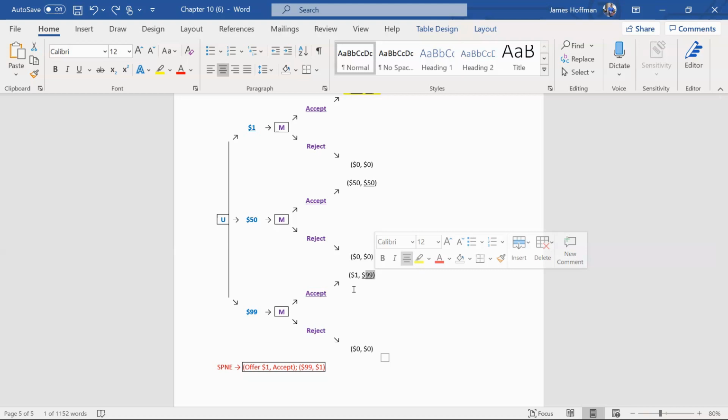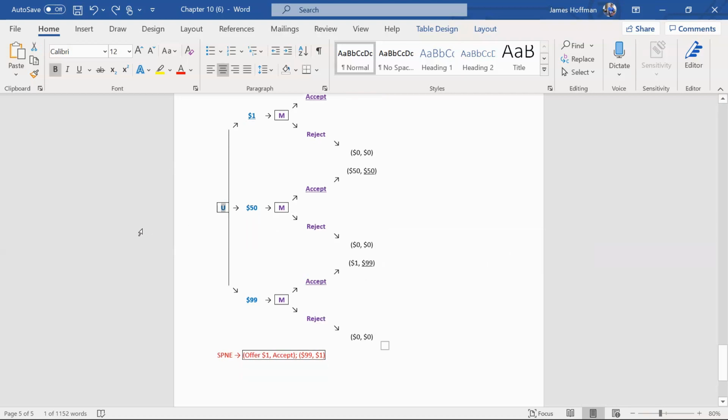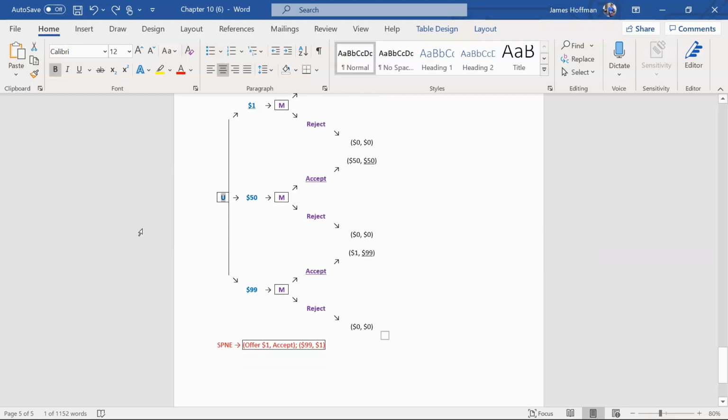So the management's always going to accept, because accepting something is better than losing everything. The union can see that management is always going to accept.